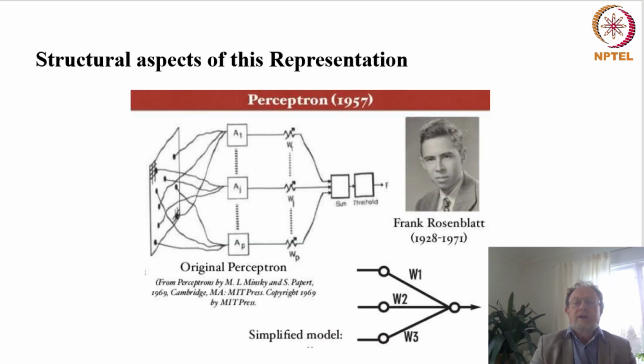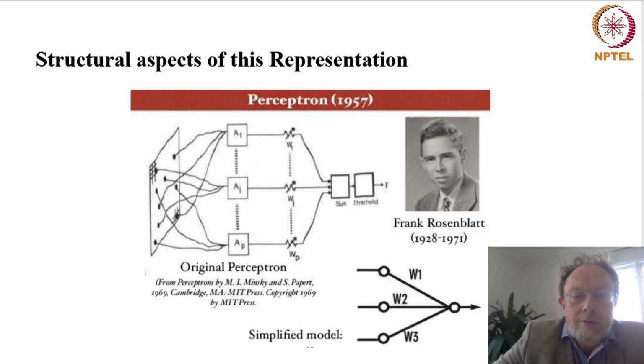So now let's talk a little about the structure, given that we have delved into the functionality of a unit. The structures of artificial neural networks are also reflected in the history of the development of the area.